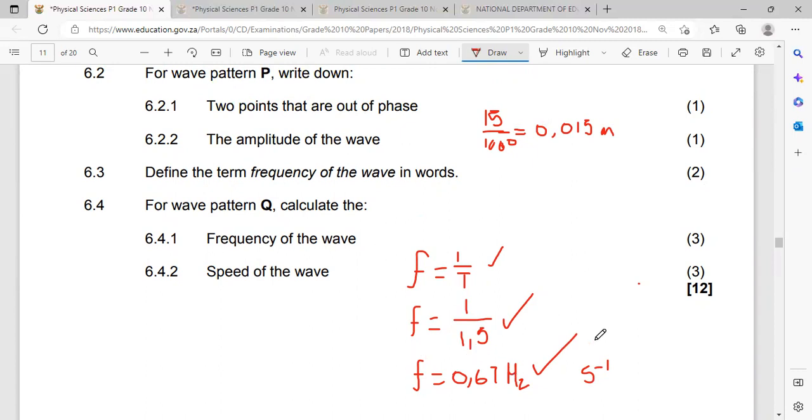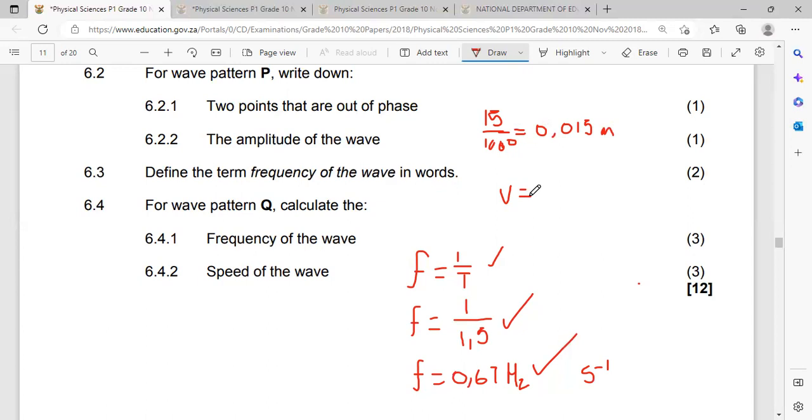So now that we found our frequency, we're gonna have to find the speed of the wave. You remember from Thursday's formula sheet, I showed you that the speed is equal to, do you remember the formula? Yes.